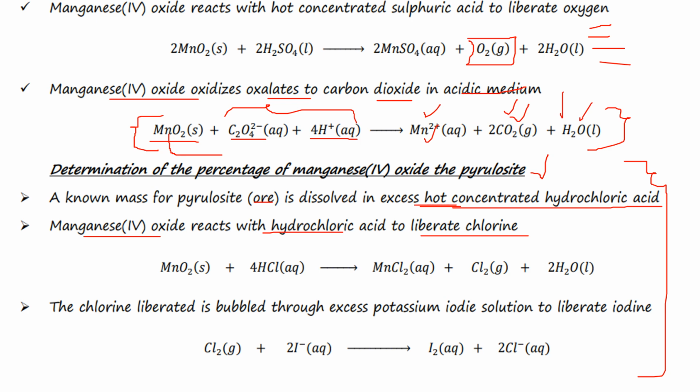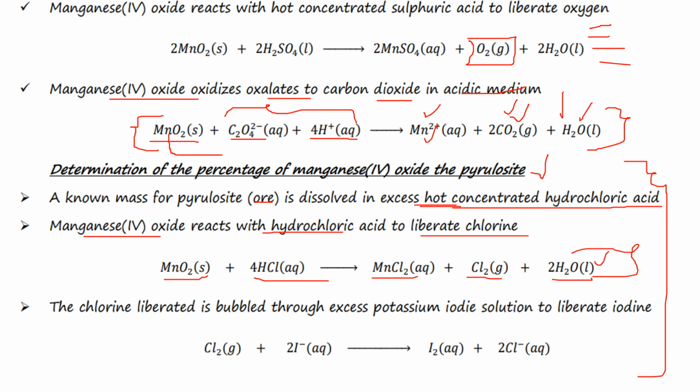Always remember that. So manganese oxide reacts with hot concentrated hydrochloric acid and it gets reduced to manganese chloride, and the hydrochloric acid is oxidized to give us chlorine, and then water is also formed after reducing manganese oxide to manganese chloride.